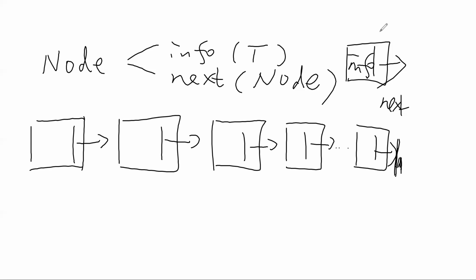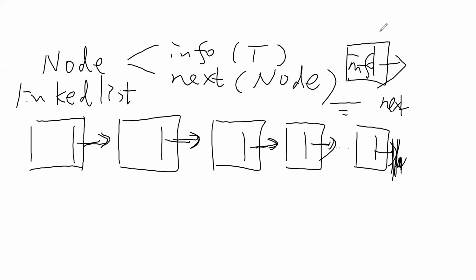I draw it like in physics, when you draw an electric wire connected to the ground, something like this. Over here I draw the last one like that. You see, I have a number of nodes and I connected them together, always through this next. And this whole thing we call a linked list.